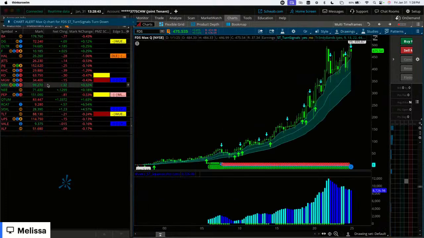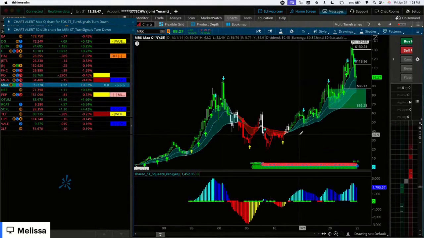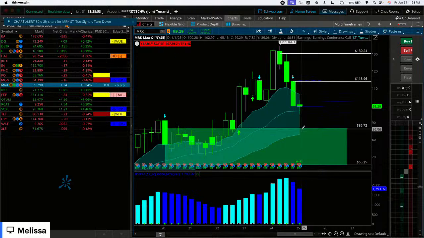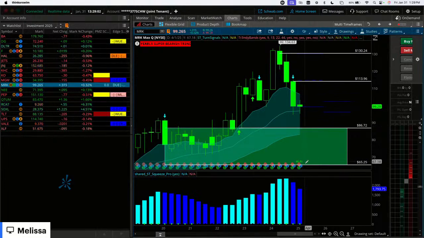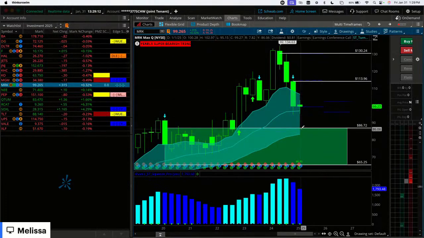I'm looking for names like Merck, for instance. All right, Merck has quarterly demand right down here. If I get the opportunity to buy Merck at or near 86.72, I would scale into this trade because this is an area that buyers have accumulated and shown up, and we've gotten a nice, big, powerful move from here.